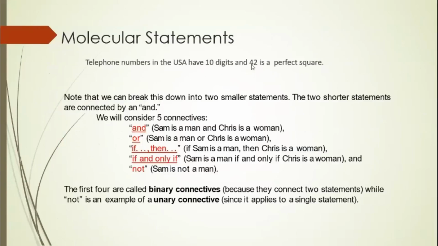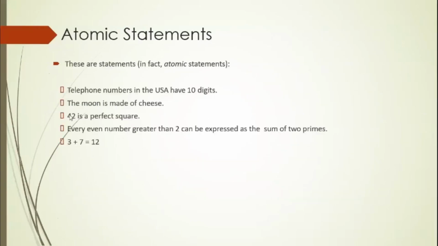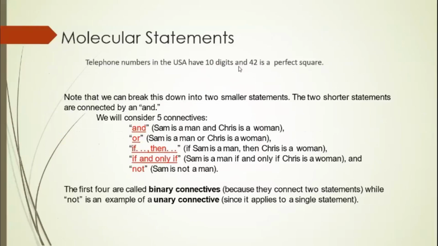And then I added "42 is a perfect square," which is again an atomic statement. To make these two atomic statements a molecular statement, I made use of a logical connective, and that logical connective is the word "and."